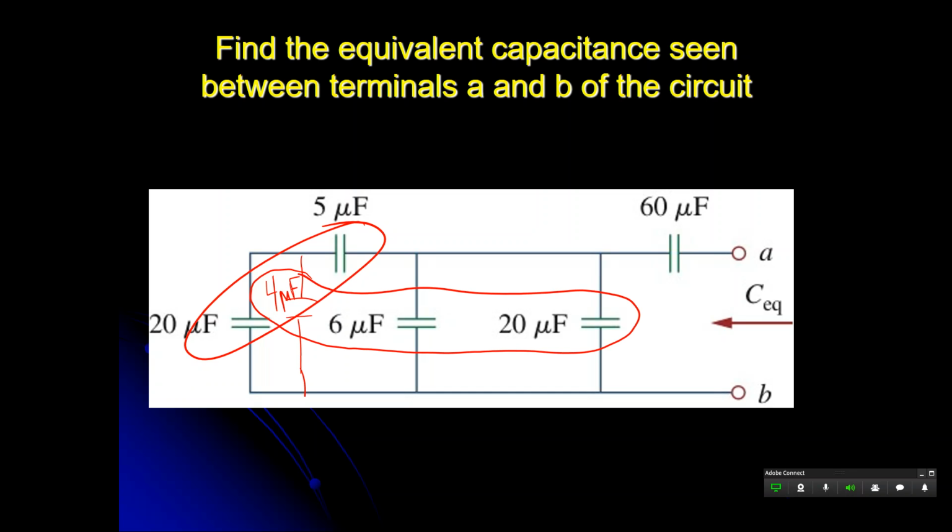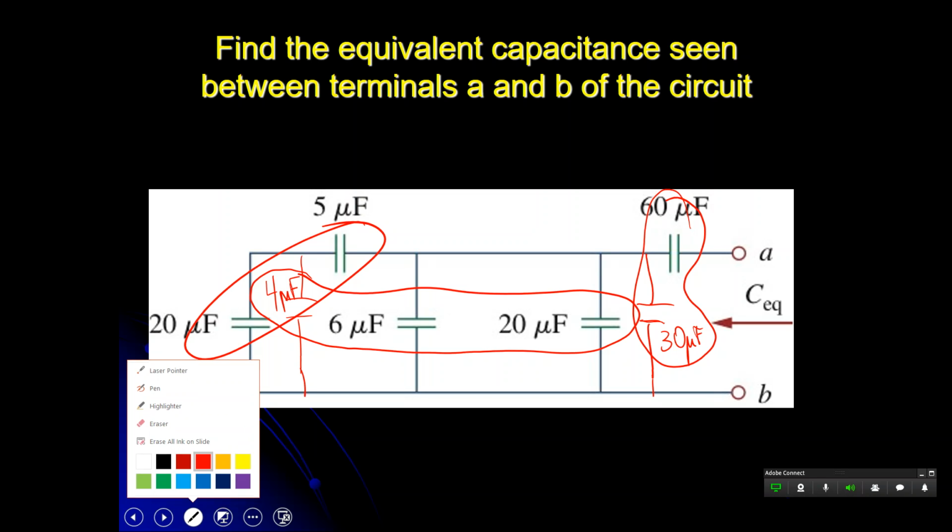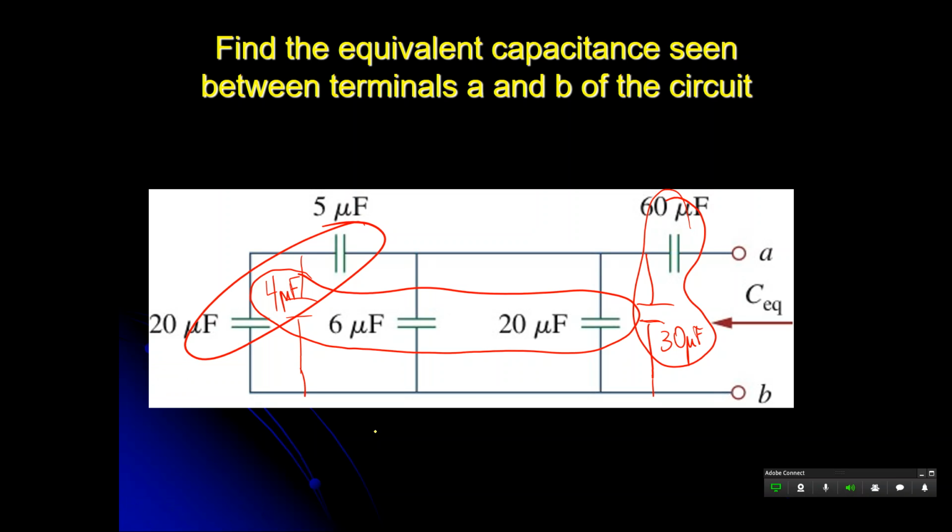And that one's going to be 30. And now these two are in series, so you can add them together, and that's going to give you a final total equivalent capacitance of, has to be lower than both of those, 20. Yep, exactly.